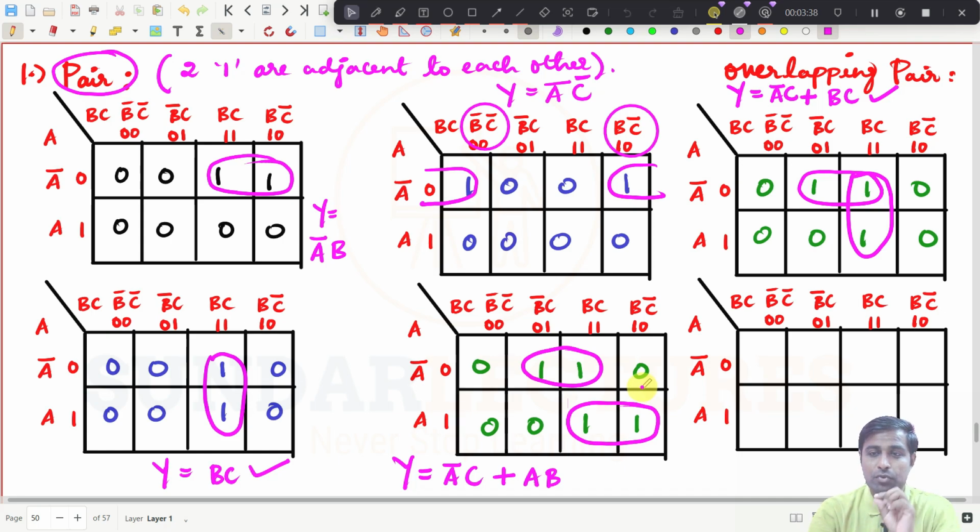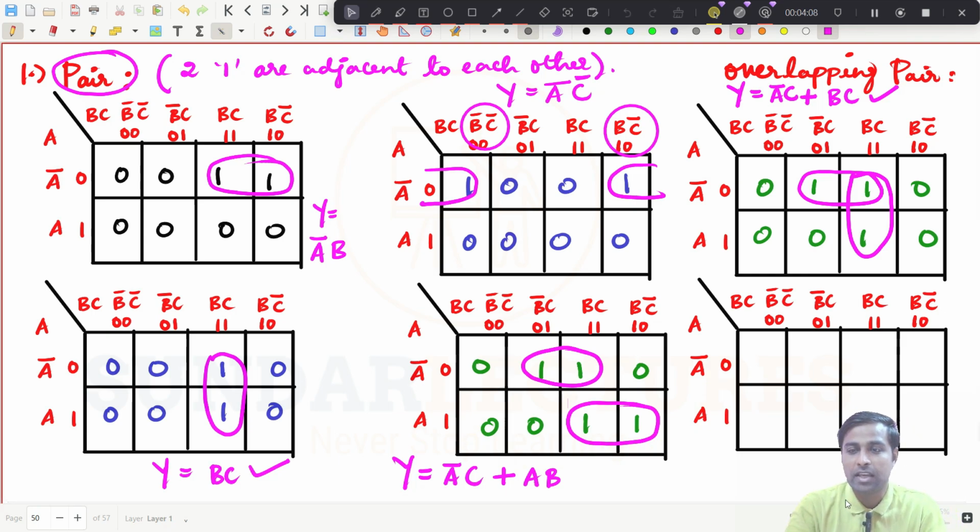If there are no ones available separately, then you should not make any pair, octet or quad. We are going to see all the different kinds of groupings. You should not map these two as another pair, because I don't have any other ones.